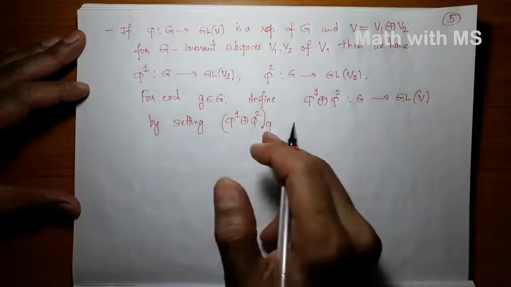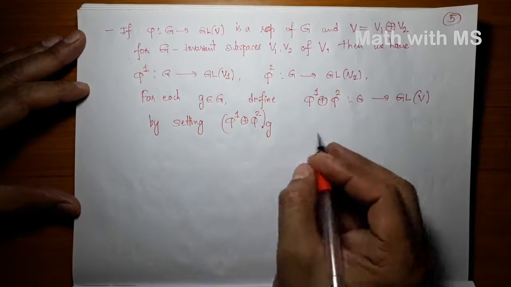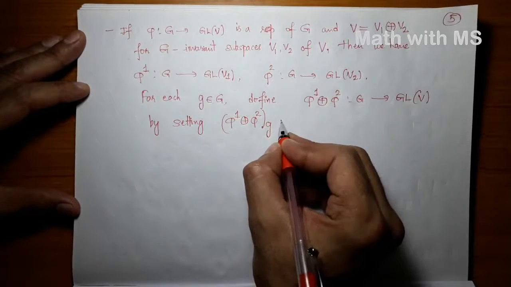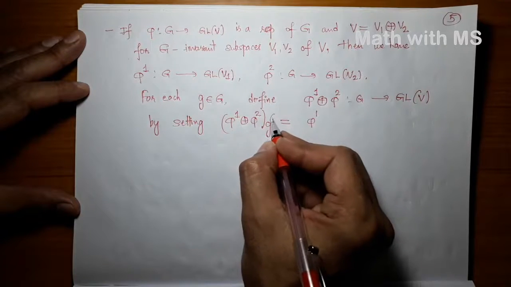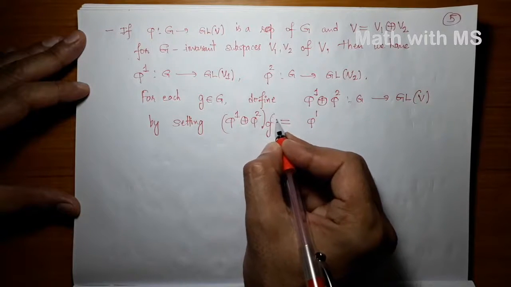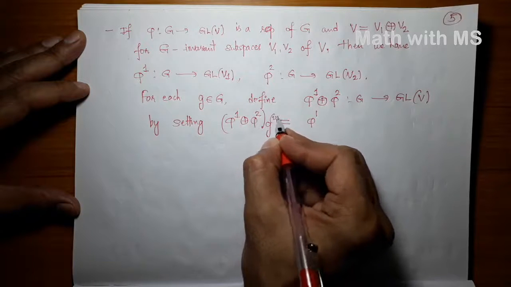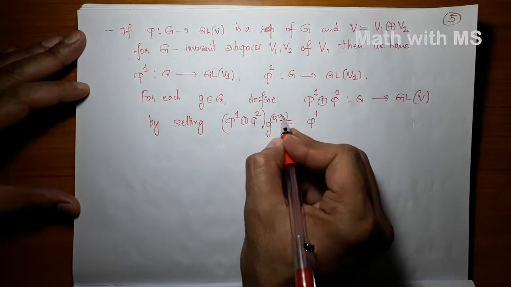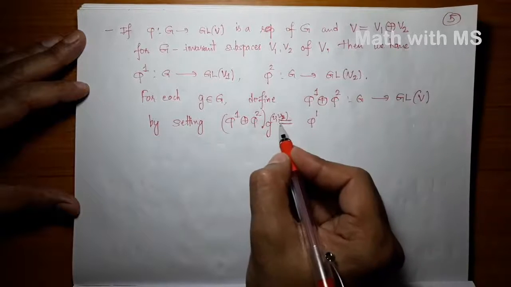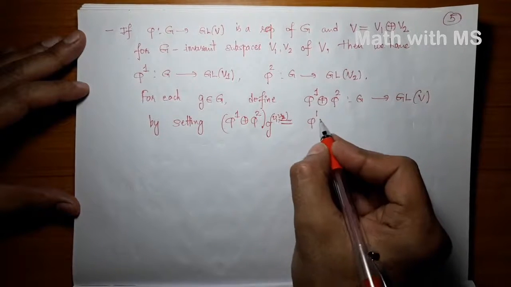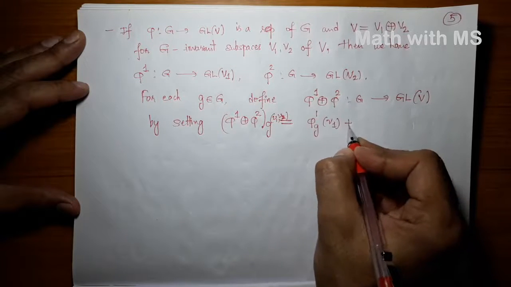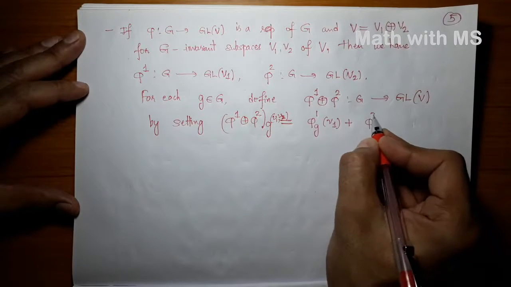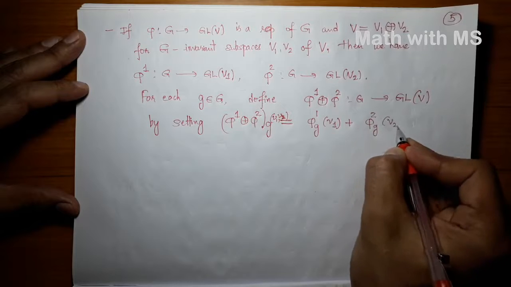It has to be an invertible linear transformation of this vector space V, right? And you can define it on vectors (v1, v2), since any element of V1 direct sum V2 can be written uniquely in this form, as phi 1(g) acting on v1 plus phi 2(g) acting on v2.